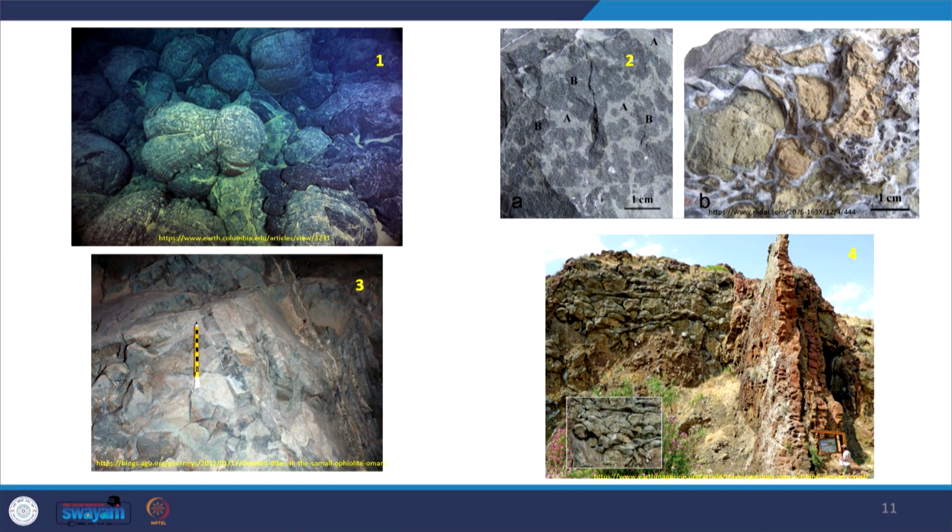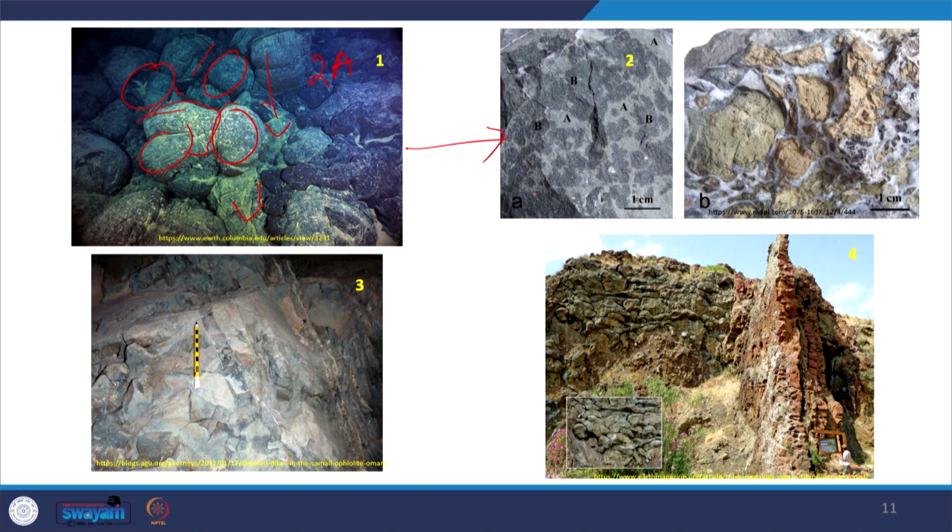Now, if you see here, this is layer 2A, mostly the pillows, you can see the pillows lying here, and within those pillows there are pore spaces through which water is percolating down.